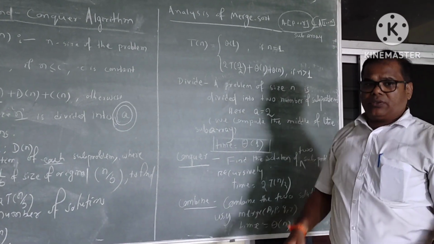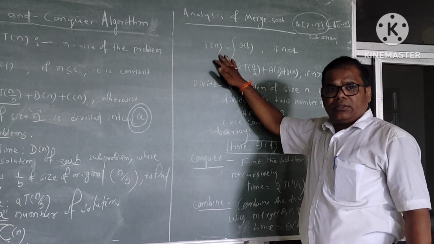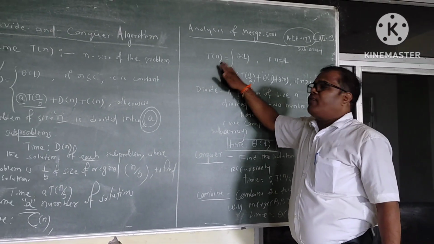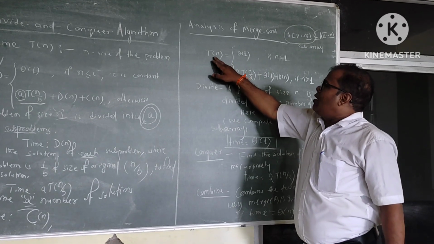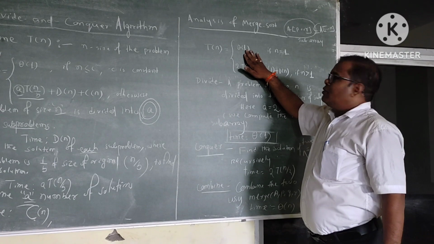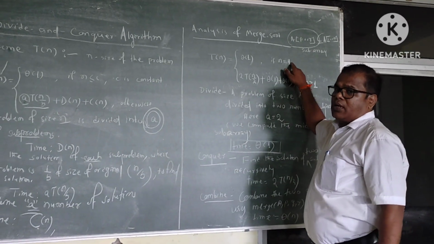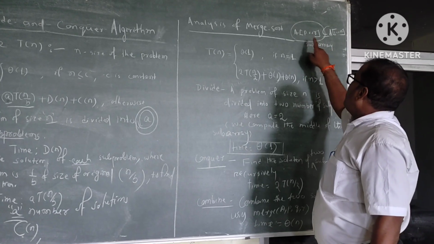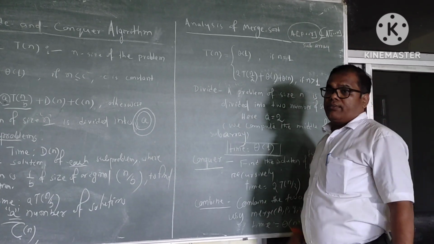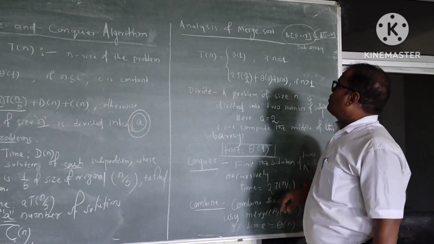So if you write the recurrence in inequality form, the time required for merge sort is T of n equal to theta of 1 where n equal to 1, that is, the problem size equal to 1, if the subarray has only a single element.